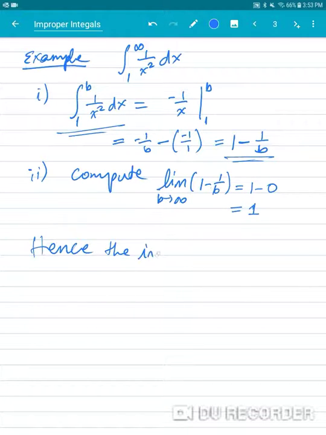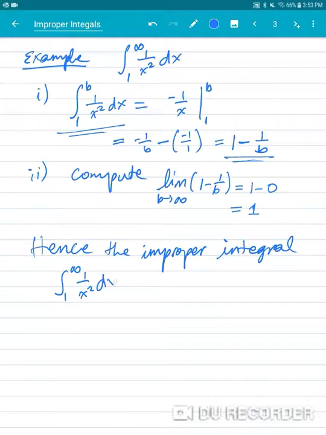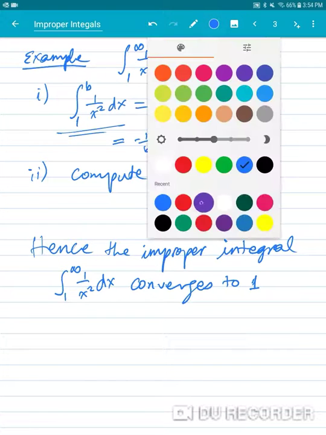And hence, the improper integral from 1 to infinity of 1 over x squared dx converges to 1. So that's my final answer. But I don't usually write it like this. It's just tradition.